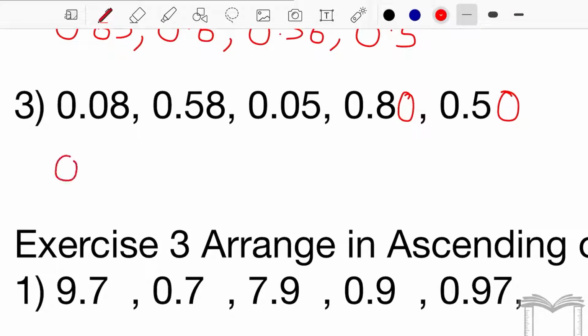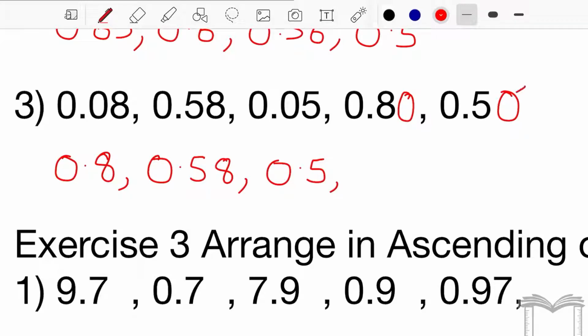So that's 0.8, followed by 58, which is 0.58. Then we have 50, which is 0.5. Then we have 8, which is 0.08. And then we have 0.05.